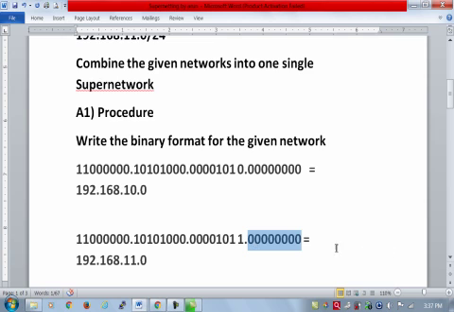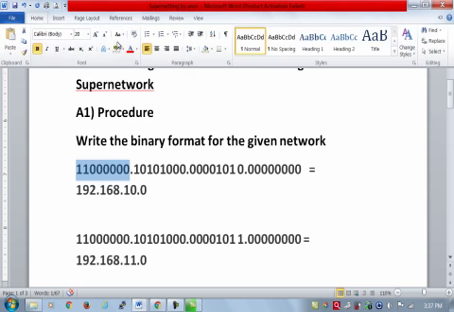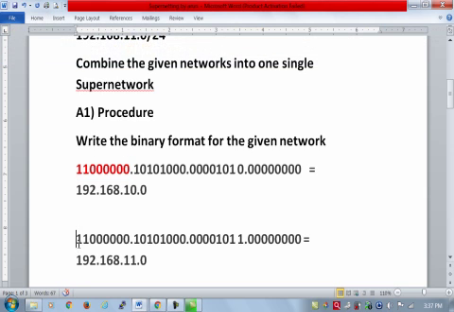Now what has to be done is you look at whatever is the same in both binary representations. I want to club these two networks into a single network, so I have to look at the same part and highlight it. So this and this are the same. Not at all a problem. Let me highlight it. Okay, done.